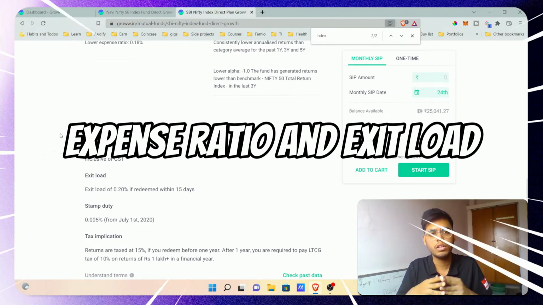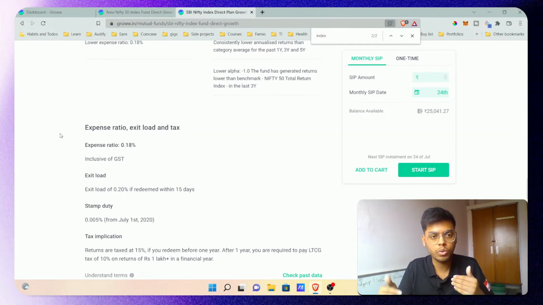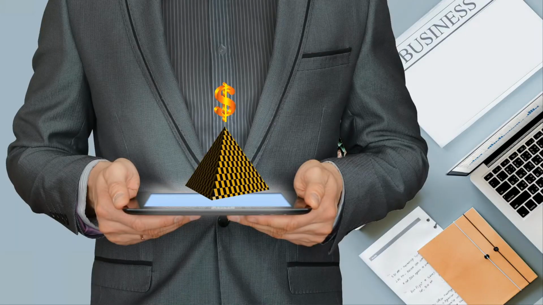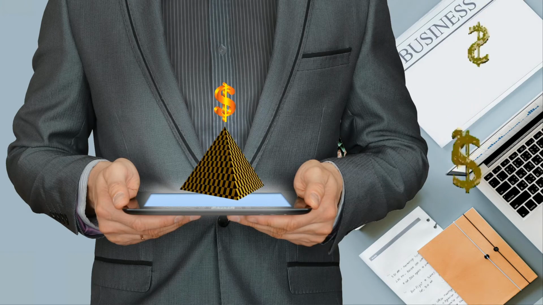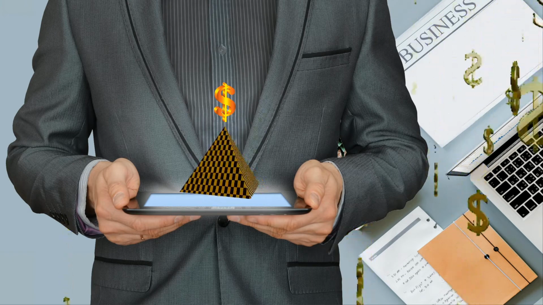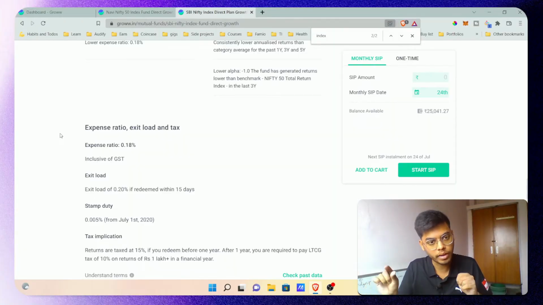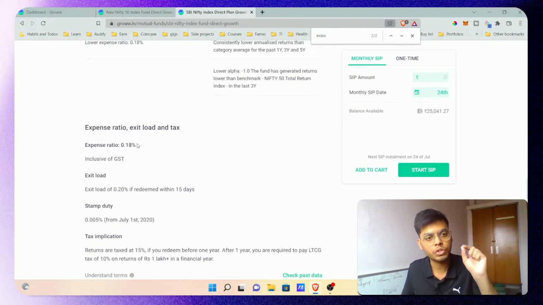Expense ratio is like, say if there is a mutual fund house and a mutual fund manager from the mutual fund house managing your money through a mutual fund, then they will take a specific percentage of your invested capital as a management fee. So every year they are charging 0.18% to manage your money, and this gets directly deducted from the returns that you make, and the NAV that you see is after the expense ratio.